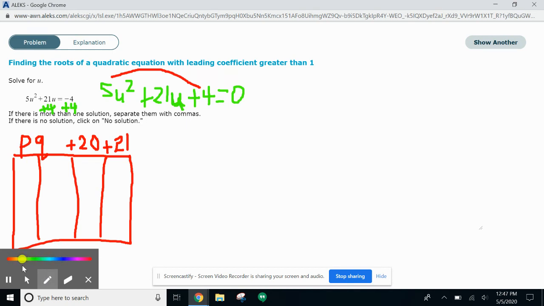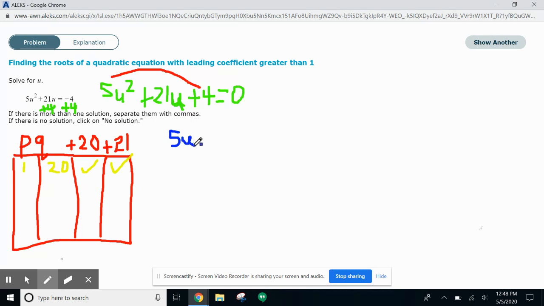So if I have p times q, I need to multiply to 20, add to 21. Well, I know that 1 and 20 multiply to 20, and 20 plus 1 makes 21. That checks off. They're all positive, so I don't need to worry about negative signs there. That makes things nice.